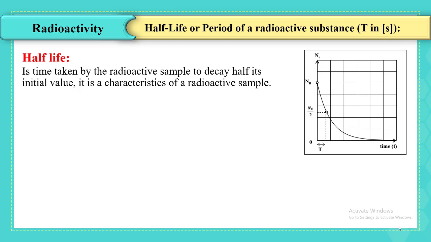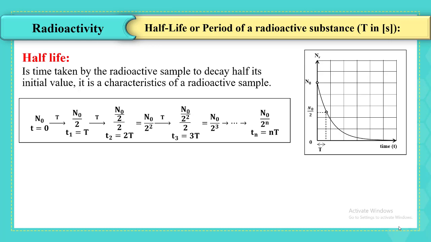The adjacent graph represents the number of nuclei of a radioactive element versus time. Initially, the number of nuclei is n0, and after one period, the remaining number becomes n0 over 2. After the next period, or 2 periods with respect to the initial value, the remaining number of nuclei is n0 over 4. After 3 periods, the remaining nuclei are n0 over 8.